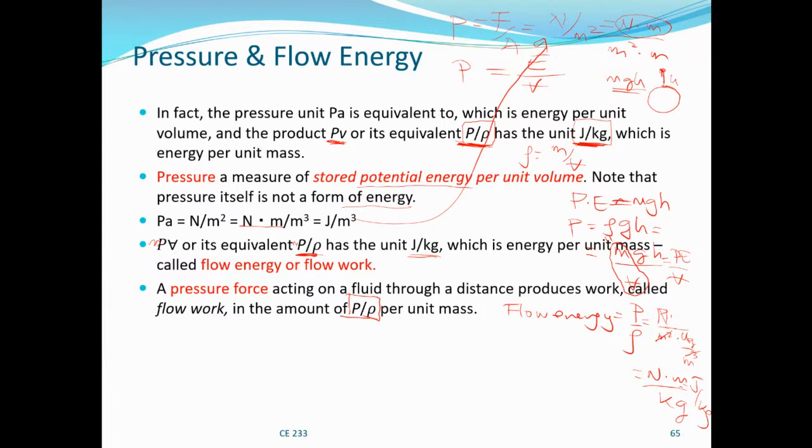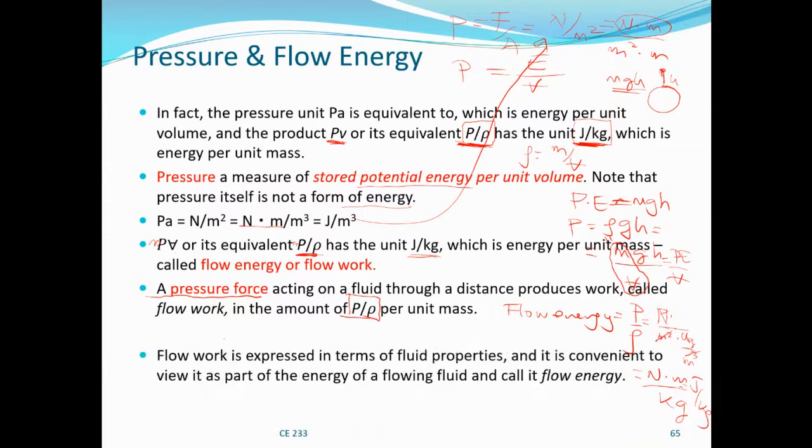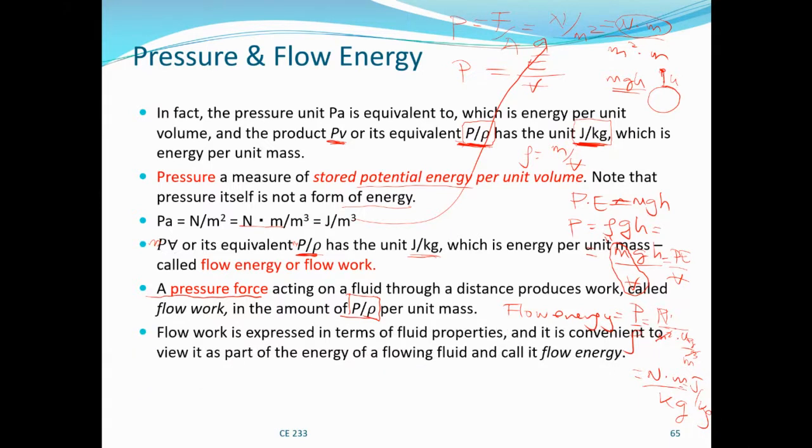Okay, it is the energy with which the fluid flows. The flow energy is due to the pressure force acting on a fluid through a distance. Okay, and we discussed the pressure force in fluid statics. We discussed so much about the pressure force, its variation in a fluid, whether it's vertical or horizontal, the rectangular variation, sorry, trapezoidal variation, and the uniform variation.